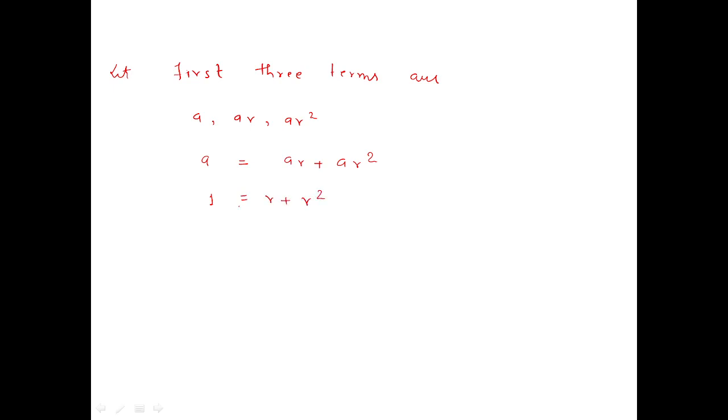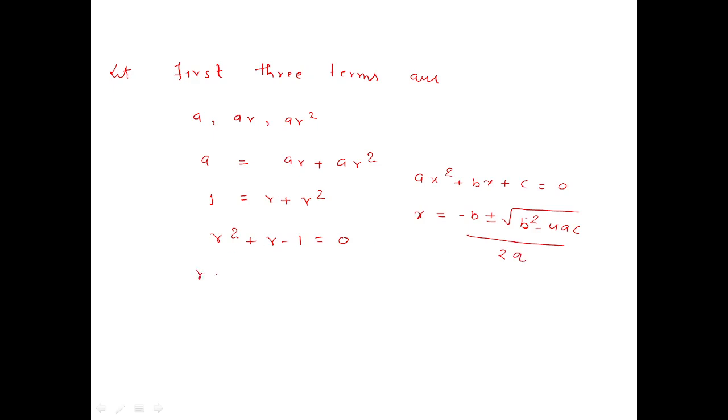This is a quadratic equation in r, so we can solve it by the Shridharacharya formula. The formula is: if we have ax square plus bx plus c equal to 0, then x is equal to minus b plus minus under root b square minus 4ac, whole upon 2a.